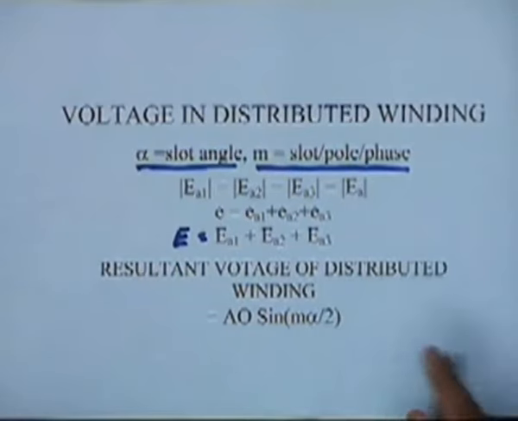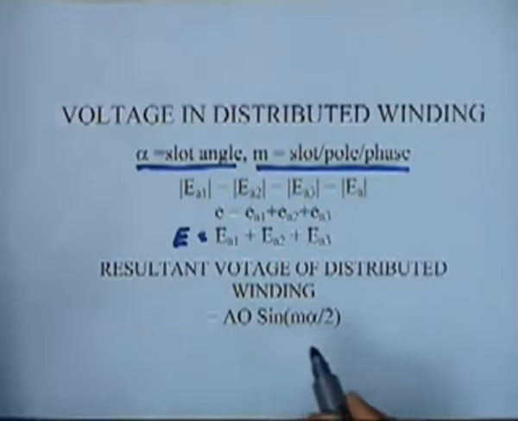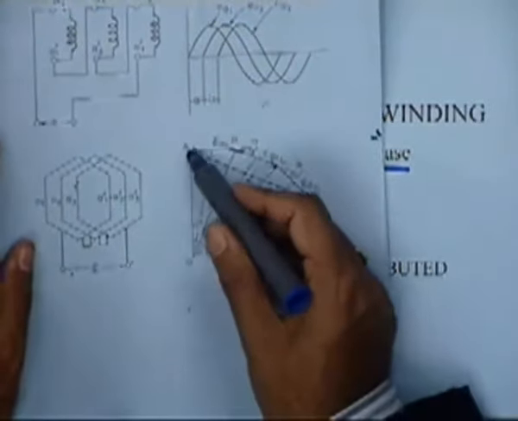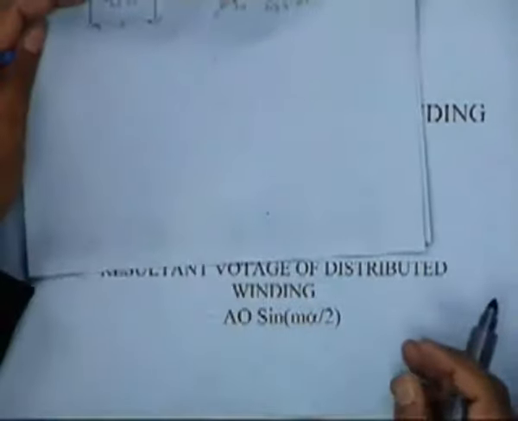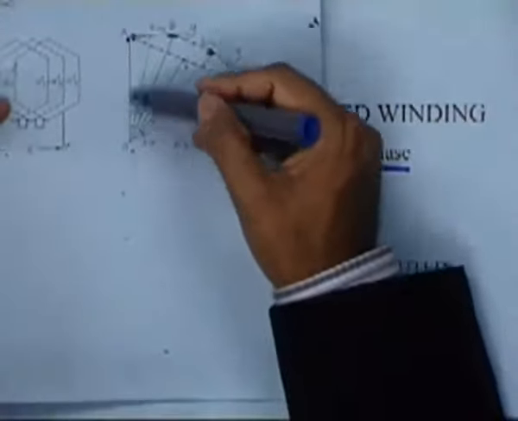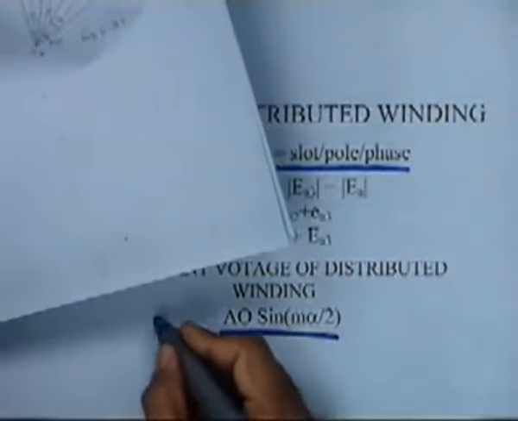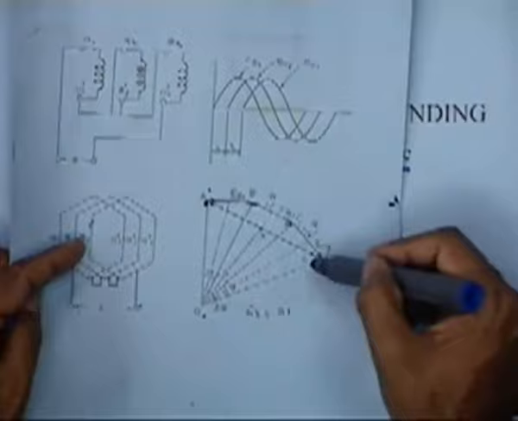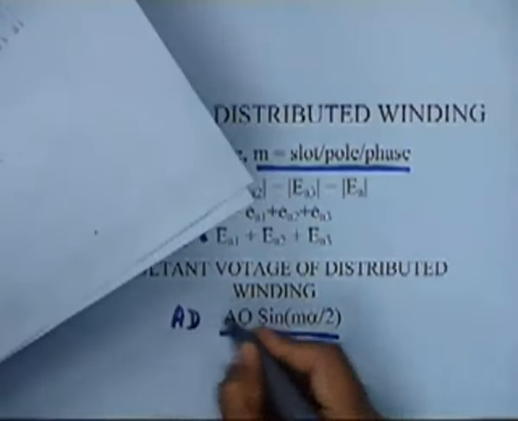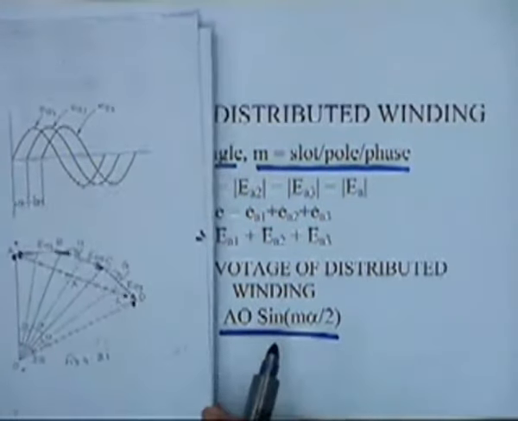So the resultant voltage of a distributed winding, let us say this is OA, we can show that the net voltage is OA, that is the radius, into sine m alpha by 2. This voltage AD we represent here as OA into sine alpha by 2.